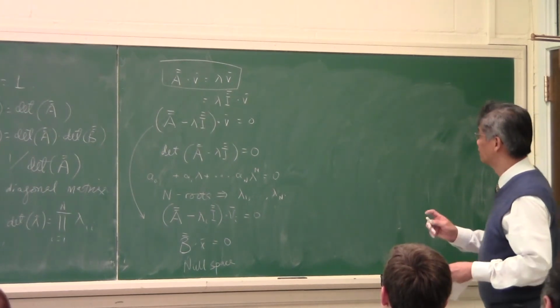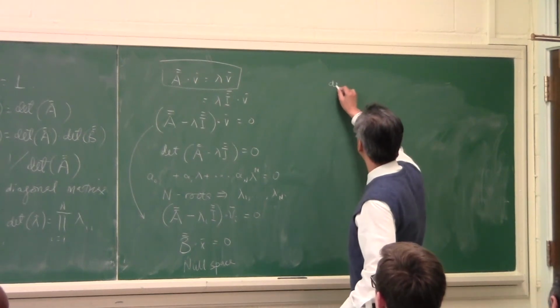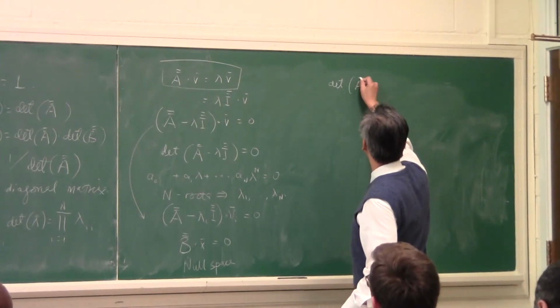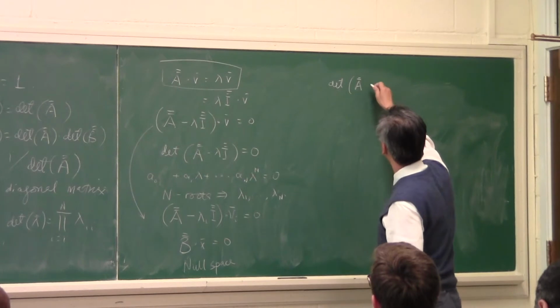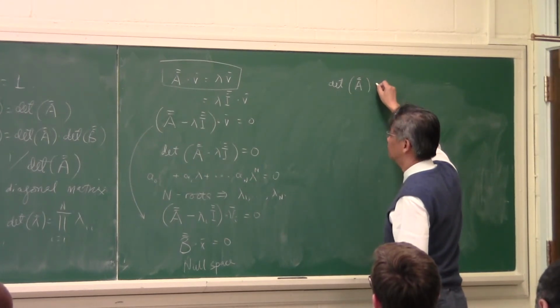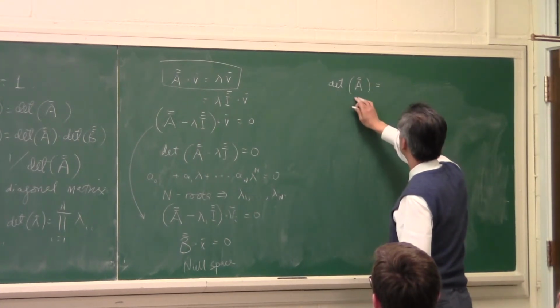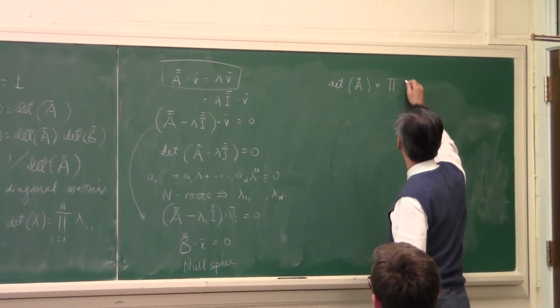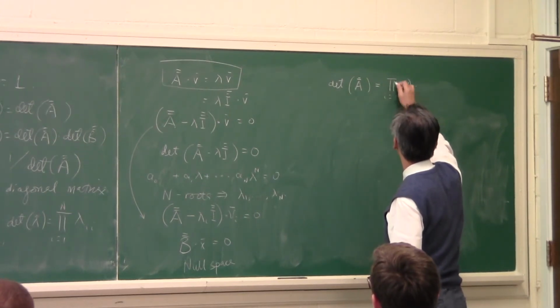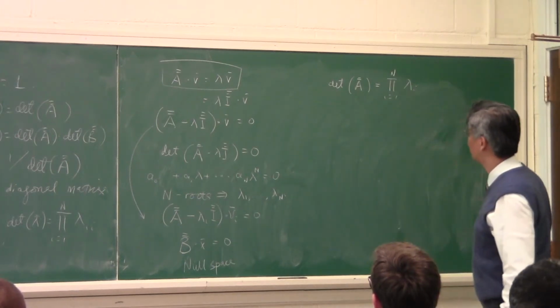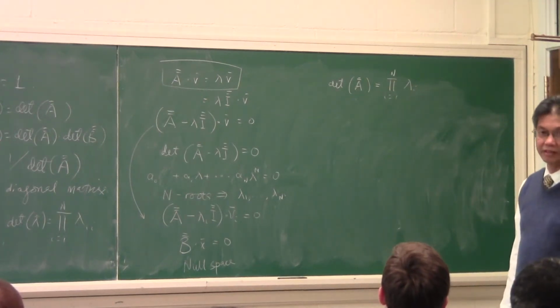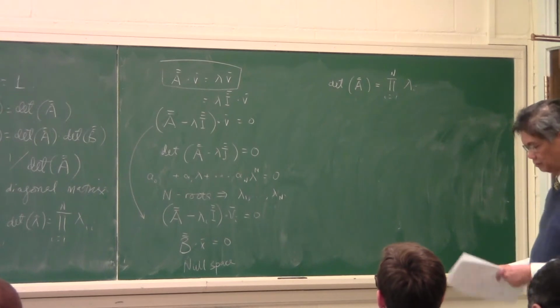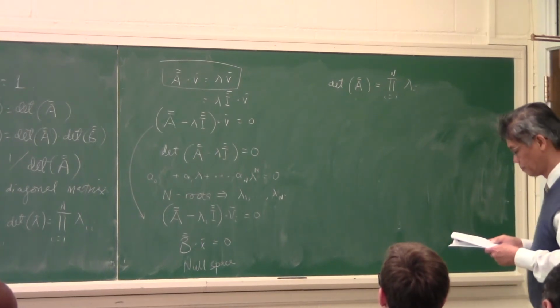And it turns out that the determinant of a matrix is also the product of its eigenvalues. If you found all the eigenvalues and you want to find a determinant value, you just go to this and you can find that.